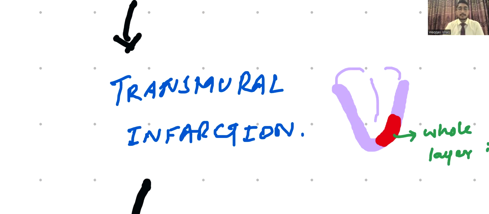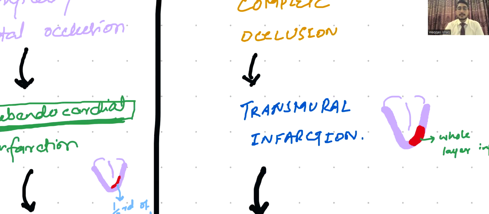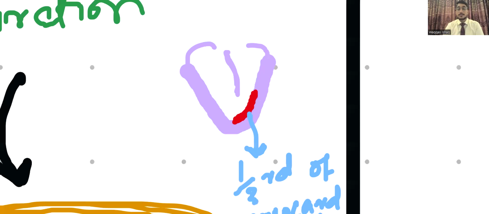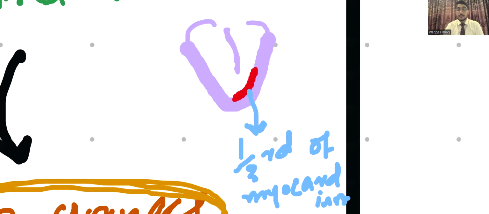But in NSTEMI, we have subendocardial infarction that's killing the inner third of the ventricular layer. That shows that STEMI is more severe, while NSTEMI is less severe. So the degree of infarction is very important to keep in mind.